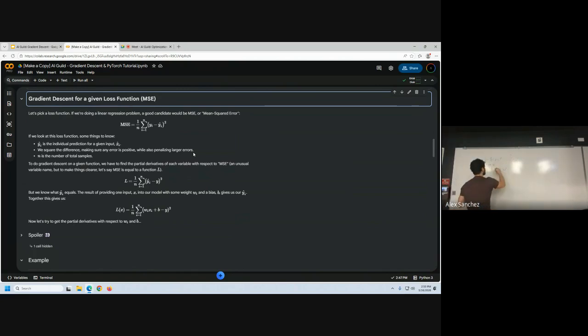But how do we actually tweak these values? This process is through gradient descent. So again, this is our loss function formula.